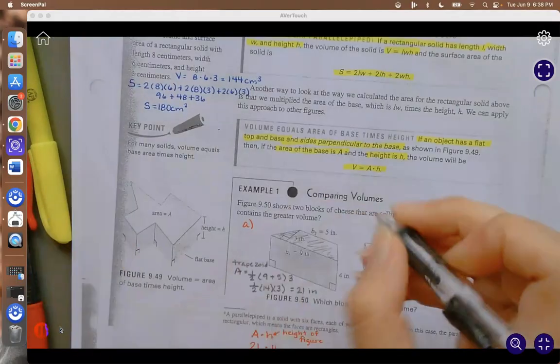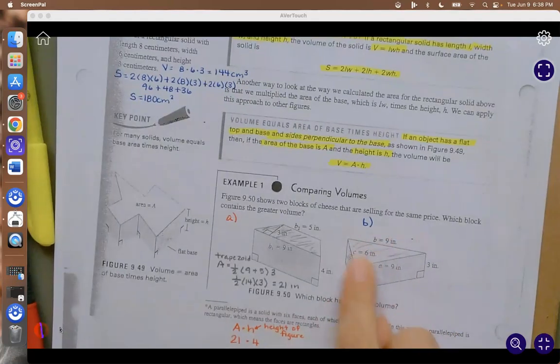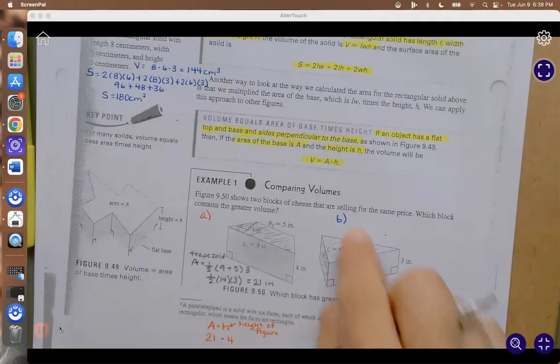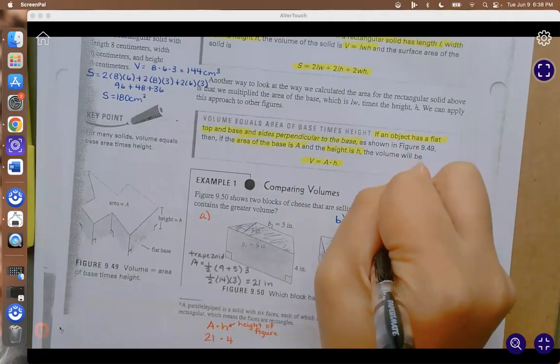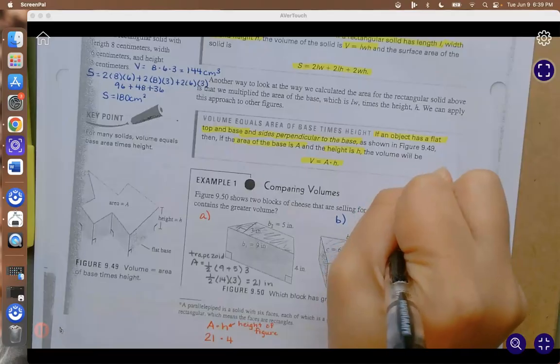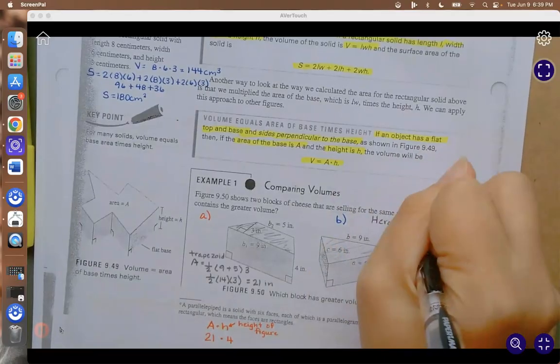All right, now this is the area of a triangle. Okay, and we know all three sides of the triangle, so we're going to have to use Heron's formula because we don't know the height of this triangle.